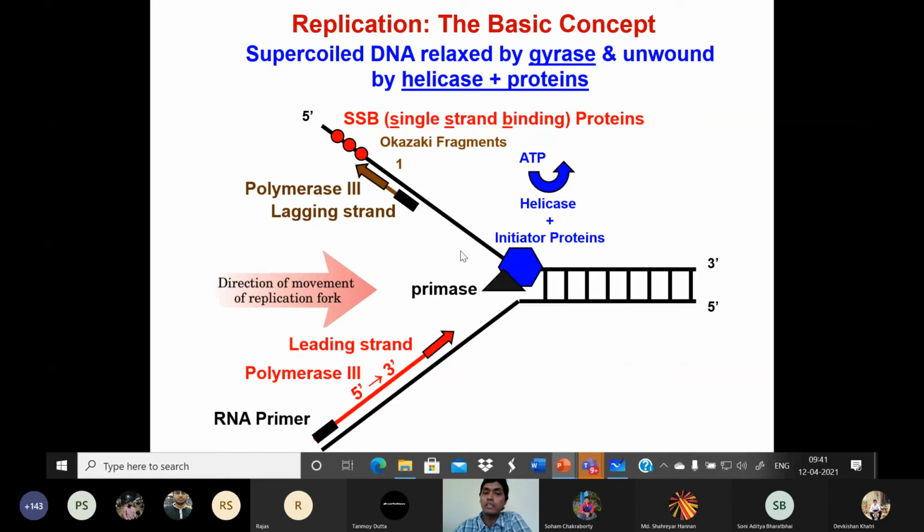Then another primer will be added here, and then again another one like this. This portion is not yet open, so when it opens, again a primer is added, and then it will be synthesized. That way small segments are being synthesized in the lagging strand.